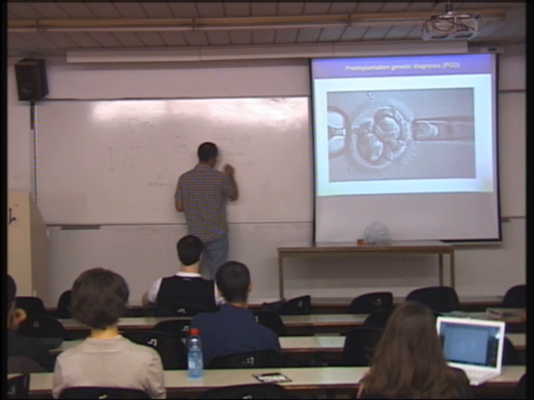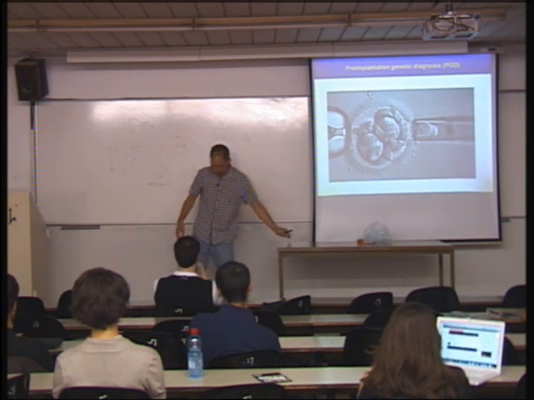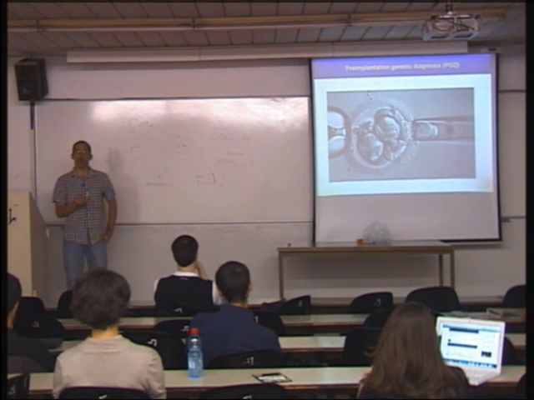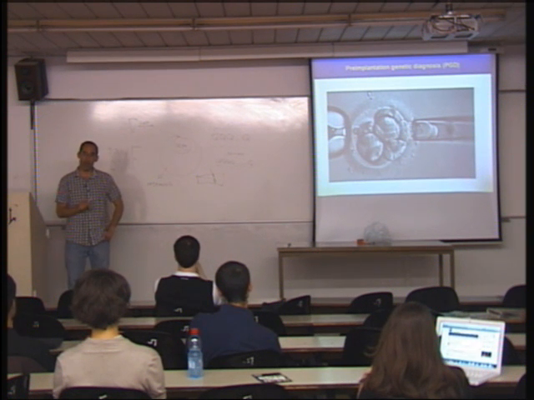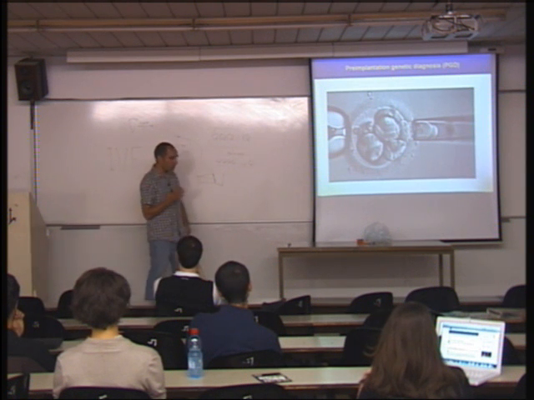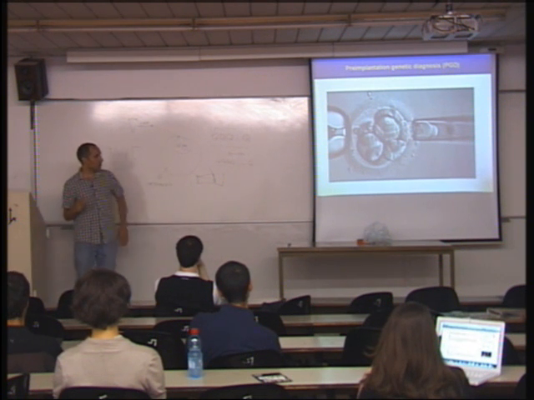Okay, so it's called polyQ, polyglutamine expansion. Now, if I carry this mutation, I am going to develop the disease, 100% sure, unless I die earlier. So this is a late onset neurodegenerative disease. It appears around the age of 40, 50, 60, depending on the length of the mutation.